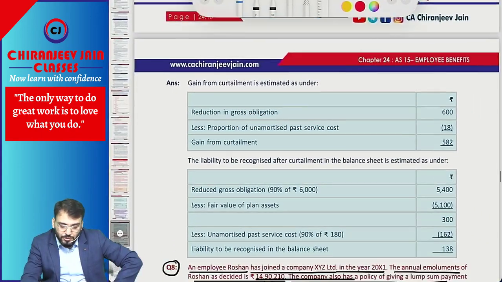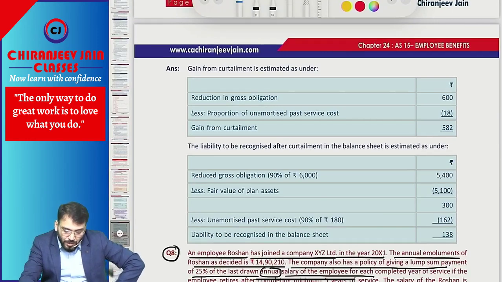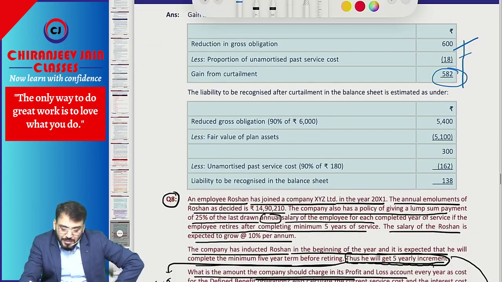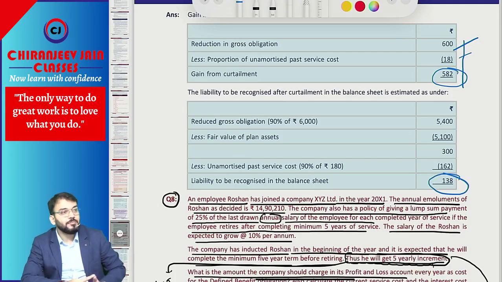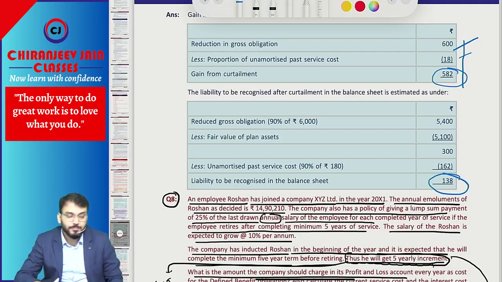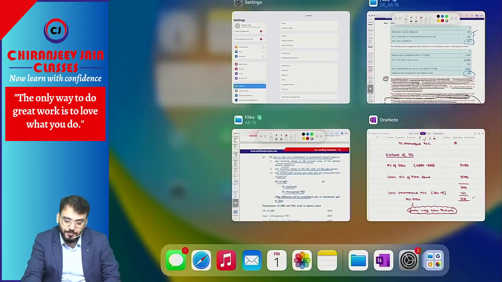Simple na? We can see in the answer also they have given the same only. They have calculated in statement format reduction in gross obligation, proportion of unamortized past service cost. This is the gain from curtailment. Then they have given liability to be recognized in balance sheet 138. Understood?